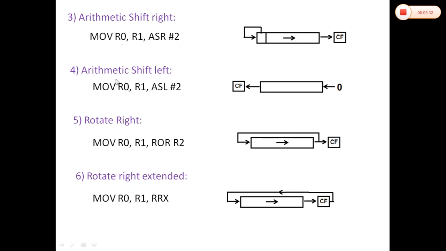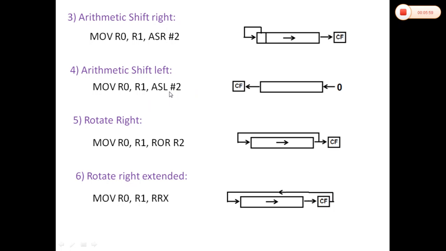Similarly, the arithmetic shift left operation is performed by this instruction. Here the signed number which is present in register R1 is shifted left by, say, 2-bit positions. Zeros will be introduced from the right side and the most significant bit which emerges out will be taken into the carry position. You can understand that this operation is actually similar to the logical shift left operation we have discussed before.